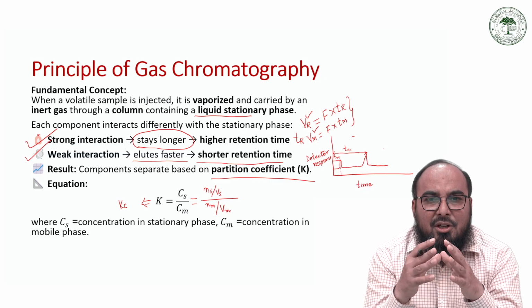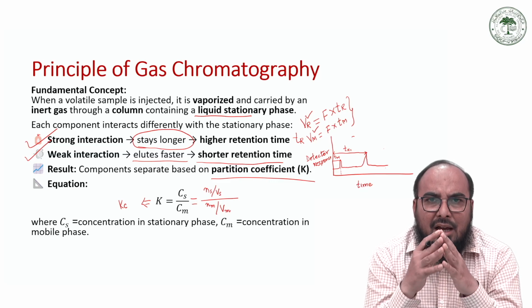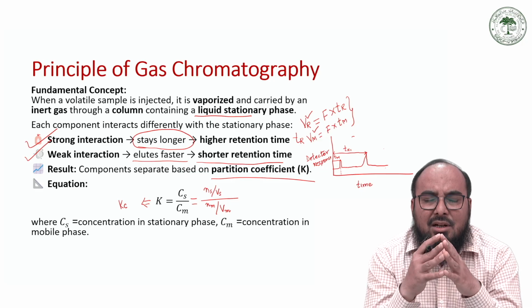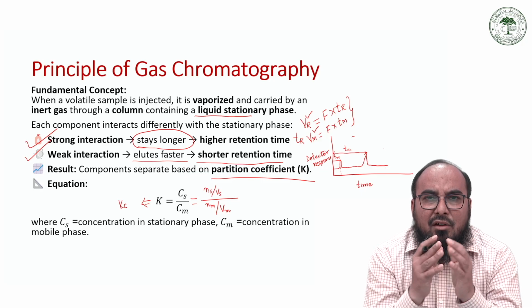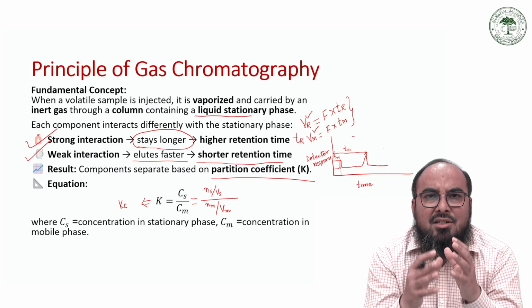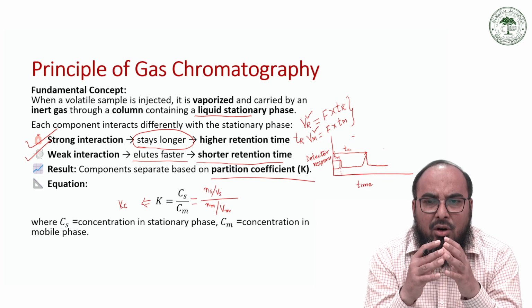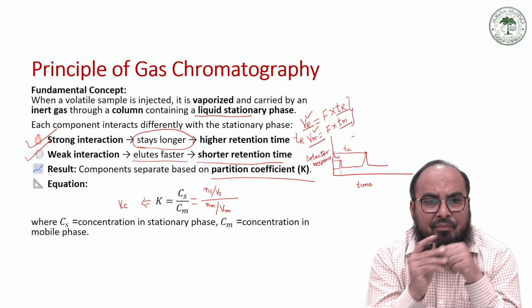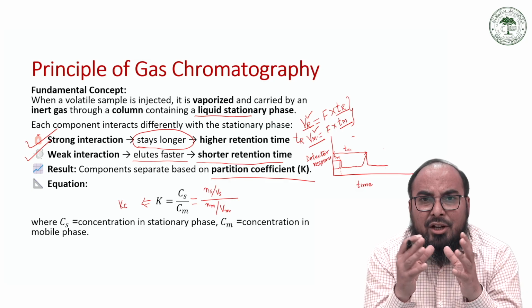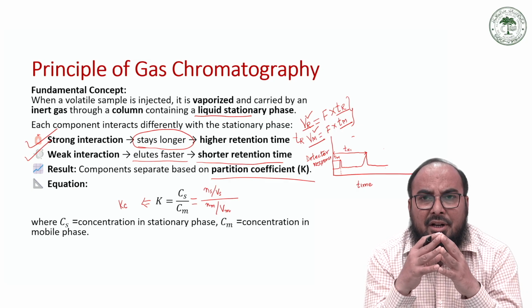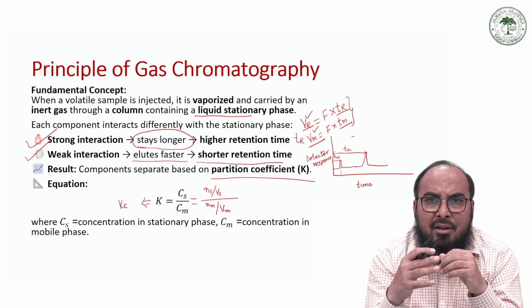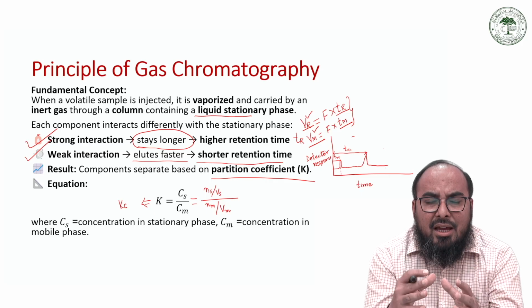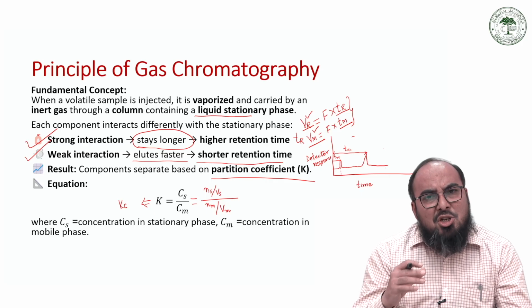Okay, so in the coming slides we are going to see equations which involve Kc and some measurable quantities, and the measurable quantities are Tr, Tm, Vr and Vm. So we are going to discuss these measurable quantities and define Kc, or simply K, in terms of these measurable quantities.